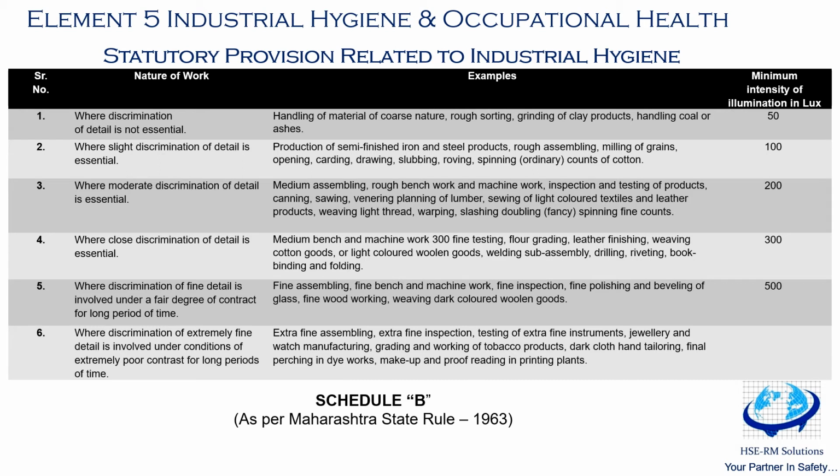Now you just need to keep in mind that where you don't need anything visible to happen, blindly you can just put it and take it, not much visibility required, 50 lux. Then where you need to see slightly where you are going, what you're doing, there 100 lux.